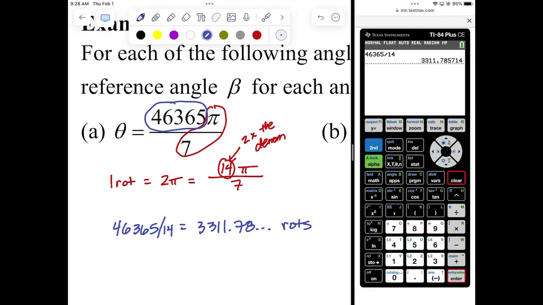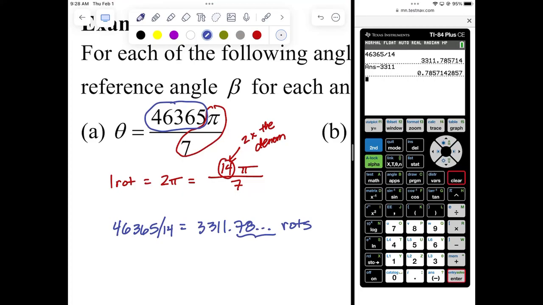What do I do with the whole number to make sure that I have the entire decimal stored? Do I just type in 0.785? Well, how do I get rid of the 3311? Subtract 3311. Right? Yeah? Okay, good. And now, look how more decimals appear. See that?